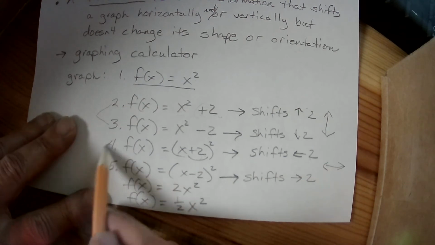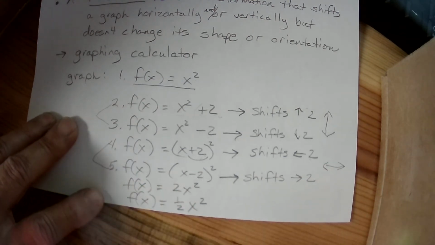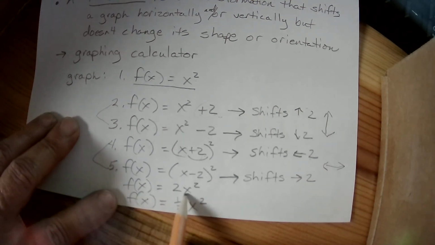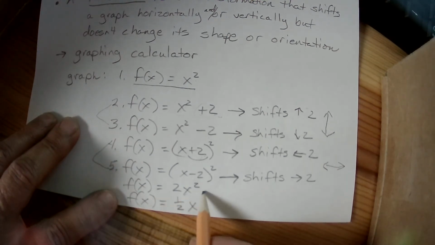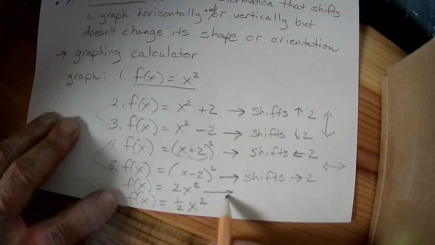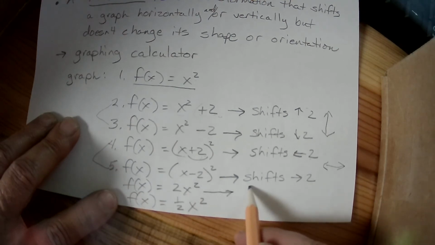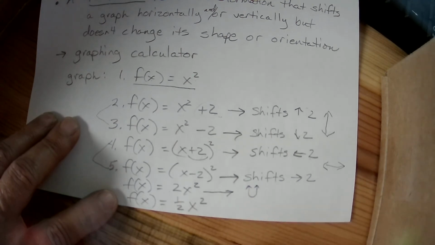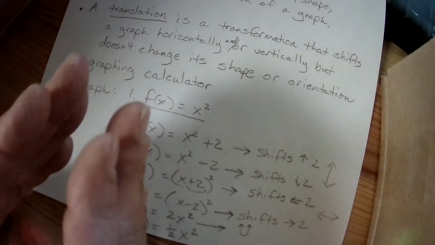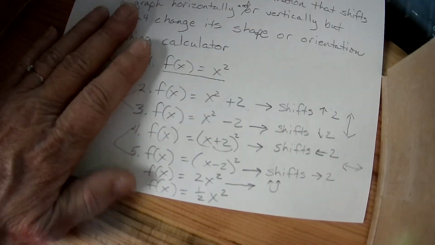So now I want you to delete those two. Keep this one as your number one function. Again, we want the parent function up there. And now I want you to graph f of x equals 2 times x squared. When you do that, you'll see that the parabola got real skinny, like it was stretching away from the x-axis.